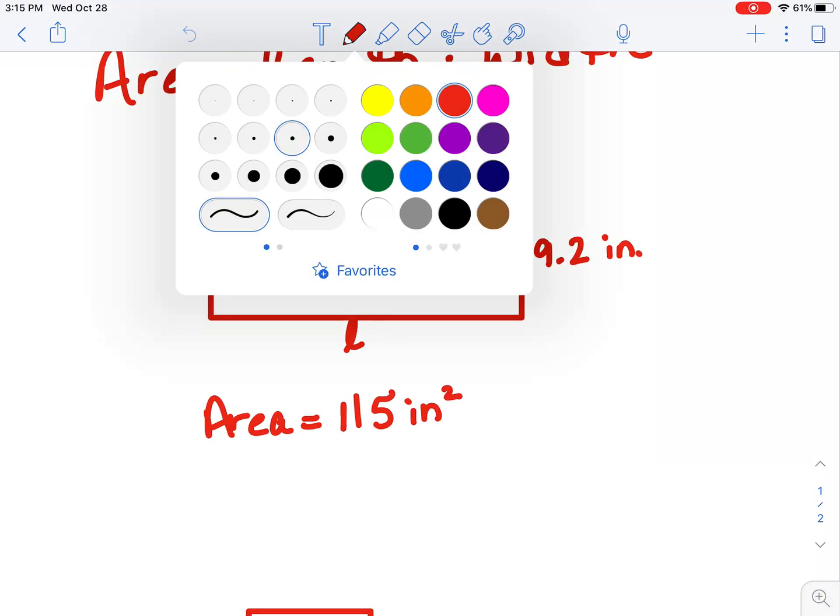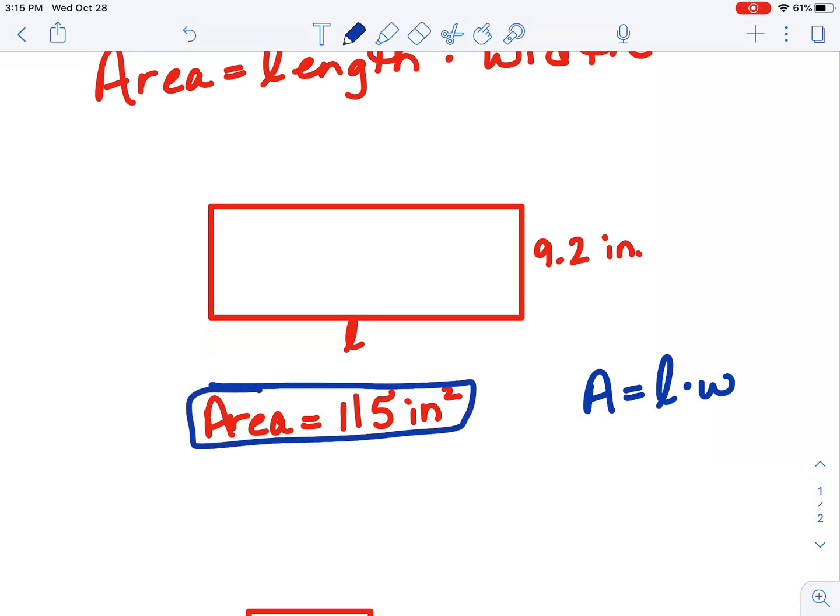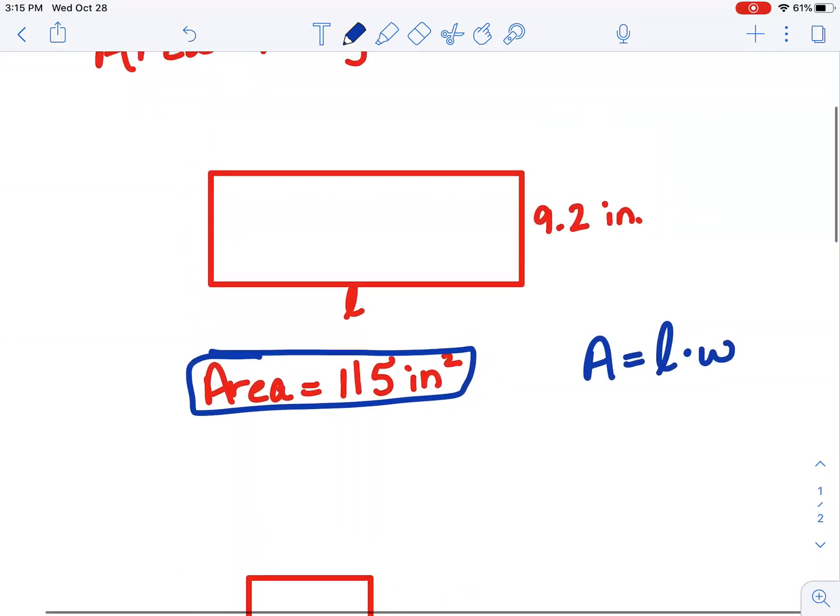So what you would do is you would do this. I'm going to do what you would do in blue. This would be given to you. So you would write the formula area equals length, if you want to put the dot, times width. You know the area that's been given to you, so you're going to replace A with 115.